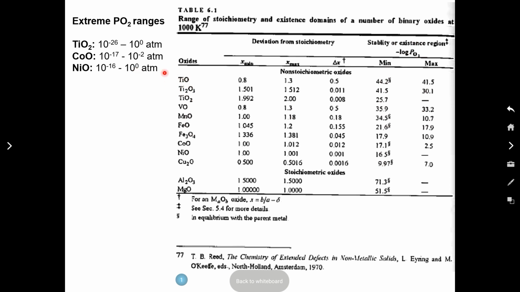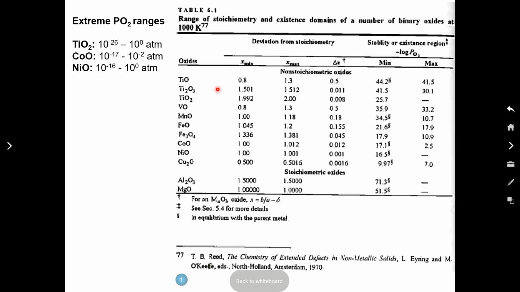So you can transform your TiO2 and increase that X so much that it will actually transform to Ti2O3. But titanium dioxide, the rutile phase, may still be stable within some range limits.